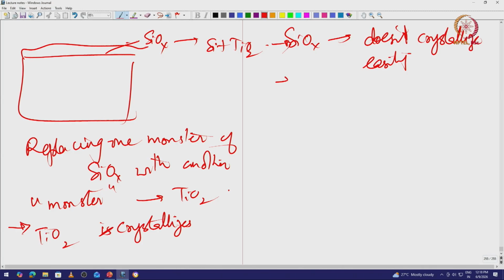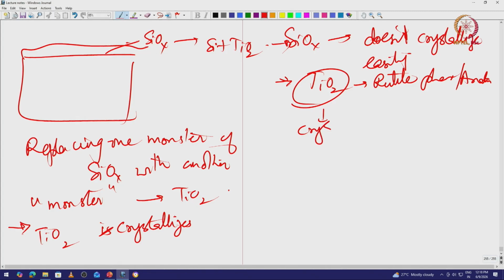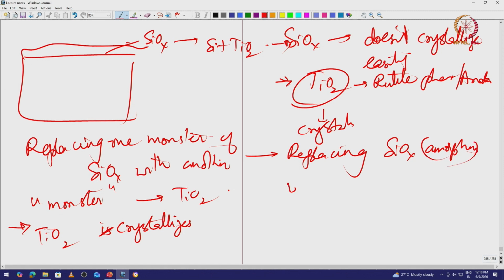Okay. Whereas titanium oxide can exist in rutile phase or anatase phase, whatever, but titanium oxide is known to crystallize. So, essentially through this reaction, I am replacing silicon oxide amorphous, and that is the important part, with titanium oxide crystal, right.